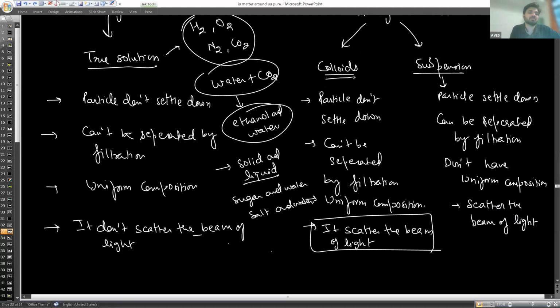Write down the examples of true solution. And here, examples of colloids are blood, milk, fog, smoke. Here in suspension, we have mud, muddy water, soap solution.